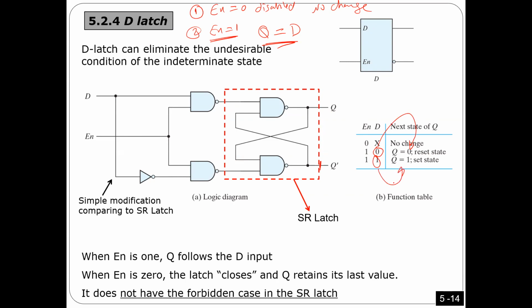If D is 1, Q is 1. Very simple. That's what we call a D latch, and we don't have the forbidden case. Any questions?